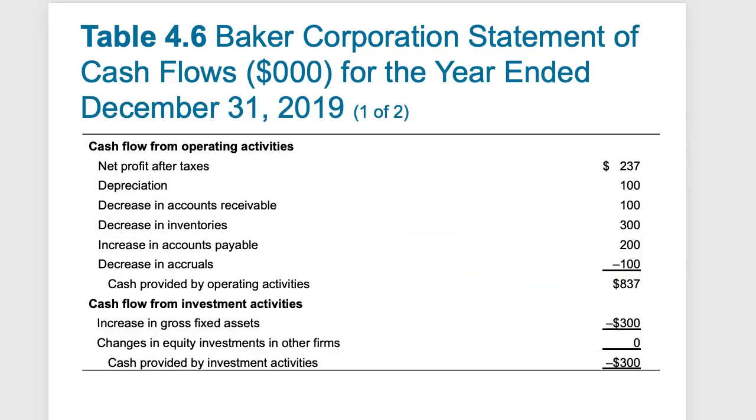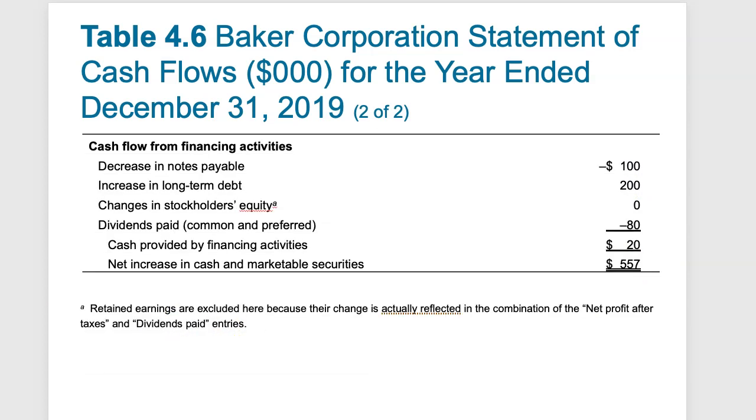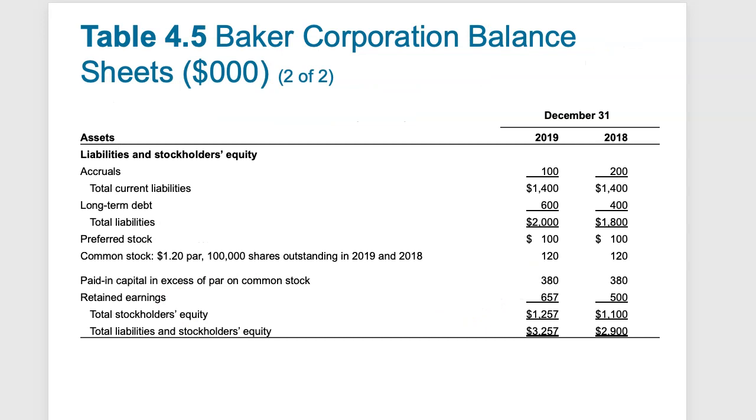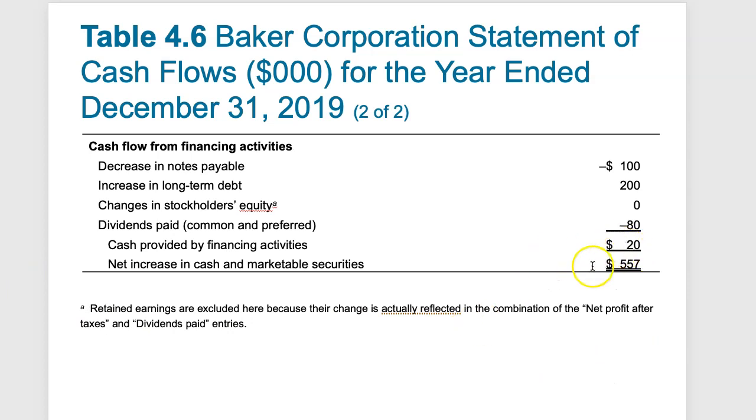So on the cash flow statement, you see the $100 increase here in depreciation, and you see the $300 reduction here in gross fixed assets. Add the three sections together: the 837, the negative 300, and the 20, and we get the net cash flow, which is 557.